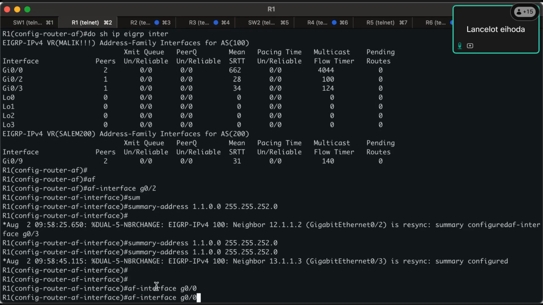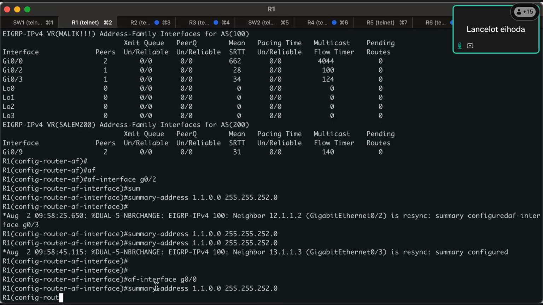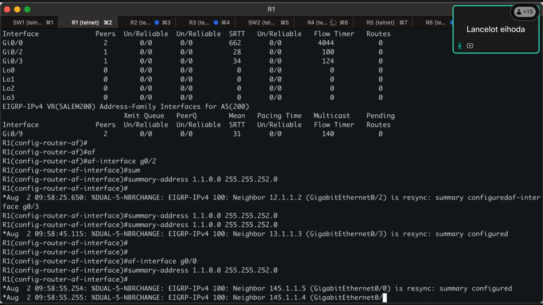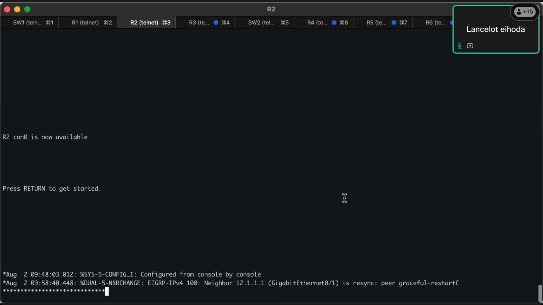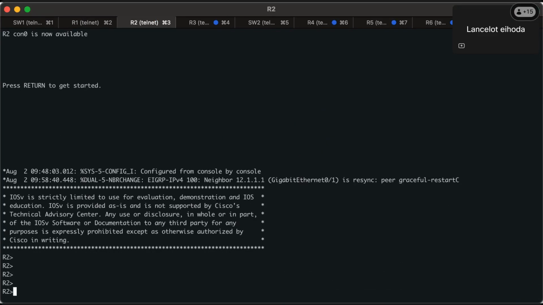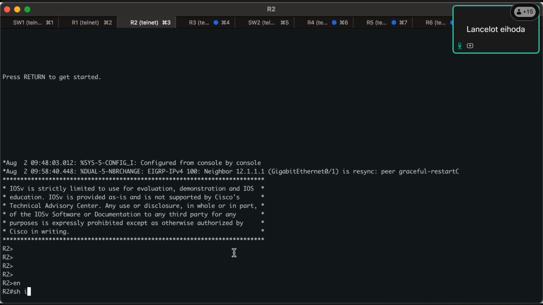So just go under all those interfaces and summarize the address, and then just go to the other guys and verify if we actually did summarize the address. You can see that there was a graceful restart. So we show IP route EIGRP, pipe 2, and begin with the gateway.